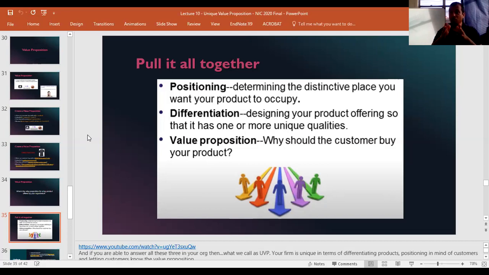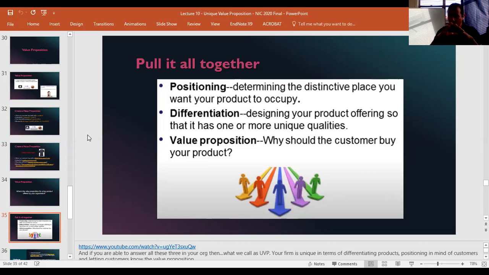Differentiation is designing your product offering so that it has one or more unique qualities which are valued by the customer. Whereas the value proposition gives you the answer. It's a kind of acid test. The marketers want to claim, and it gives the answer of why the customer should buy your product.